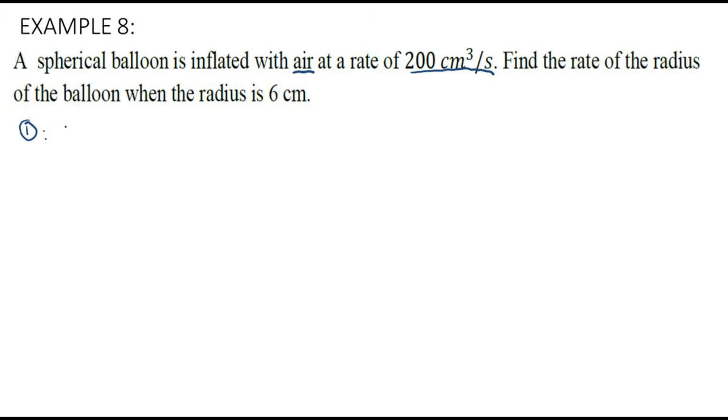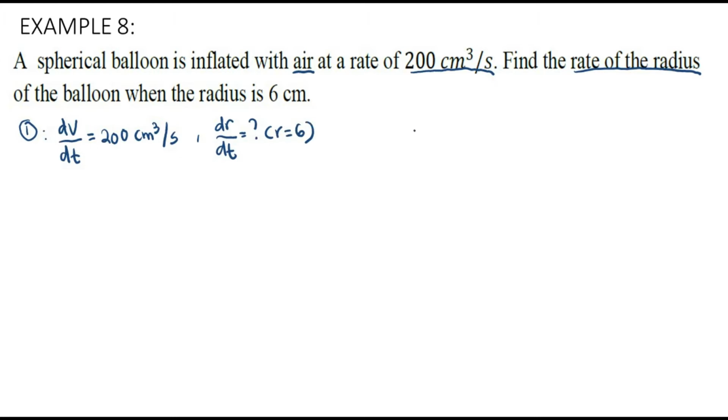This is basically our dV over dt, equal to 200 cm³ per second. Now the second sentence. This is the rate that we have to find, the rate of the radius. When it comes to rate, it is based on time. So we have to find dr over dt, where I use the symbol r for radius, when the radius is 6 cm.